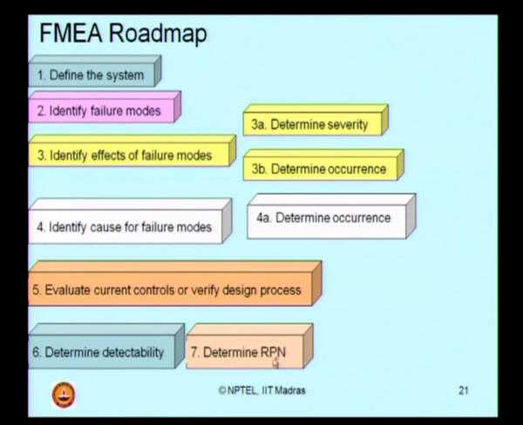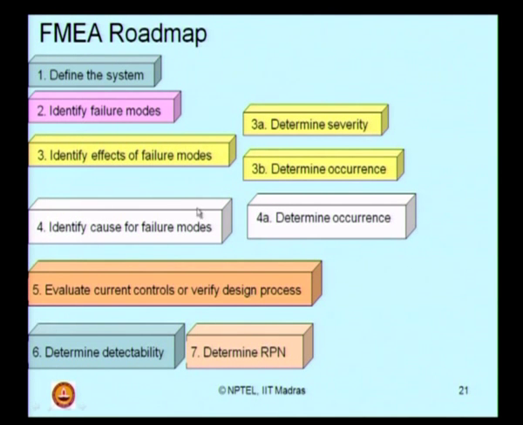As I told you, the failures can be consequential. The effect of any specific failure mode on the system may not be the same, may not be equal for all failure modes. One failure may have a very severe consequence on the system, the other may not. So try to prioritize the risk by giving what we call a risk priority number.